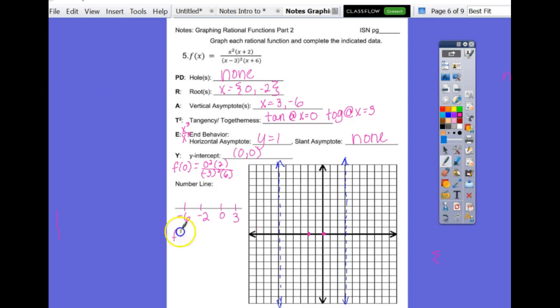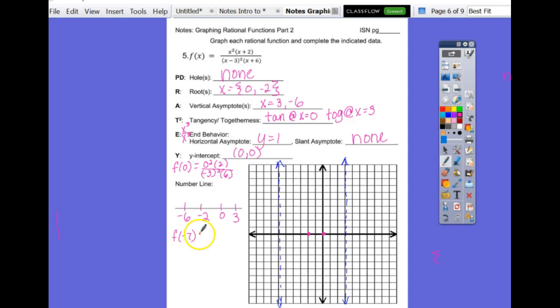So I'm going to find f of -7. If I put that in, it's going to give me 49 squared times 9. So it's going to give me a huge number. So I know this is going to go way high.